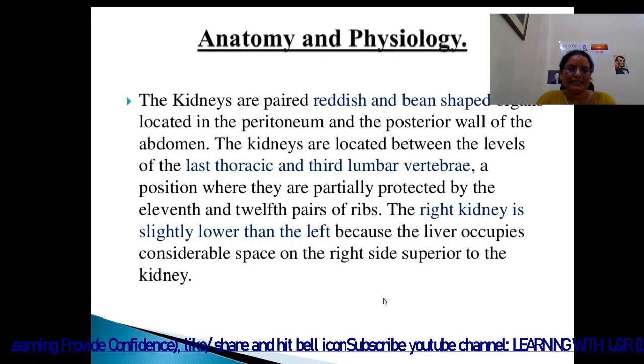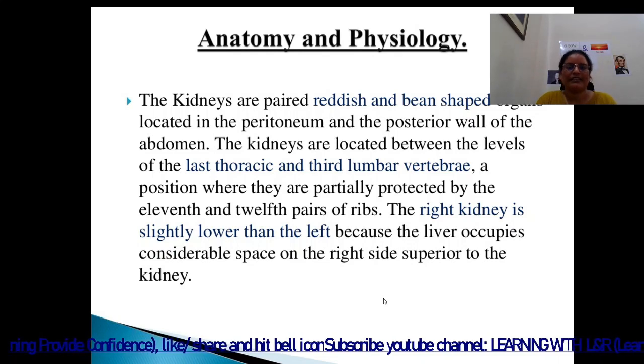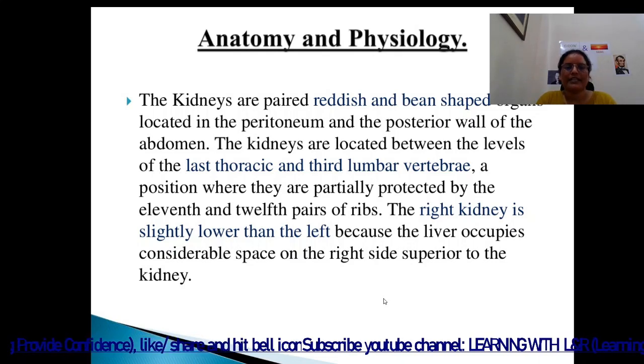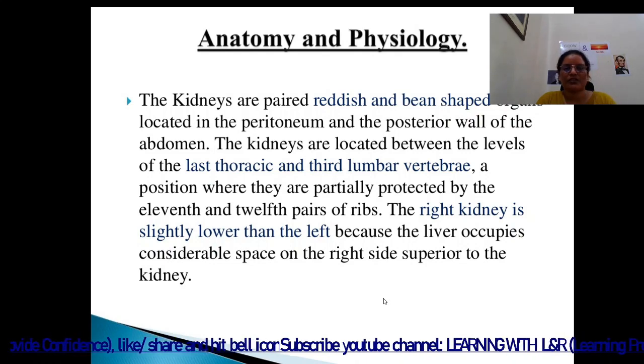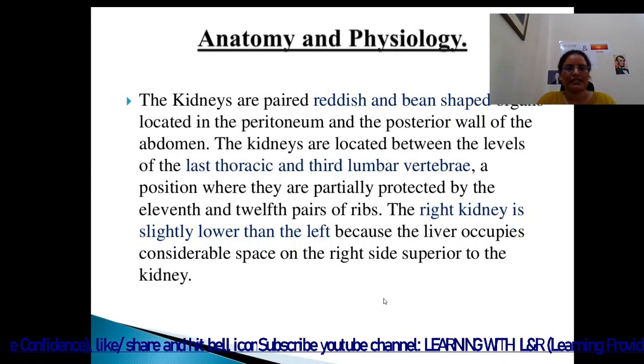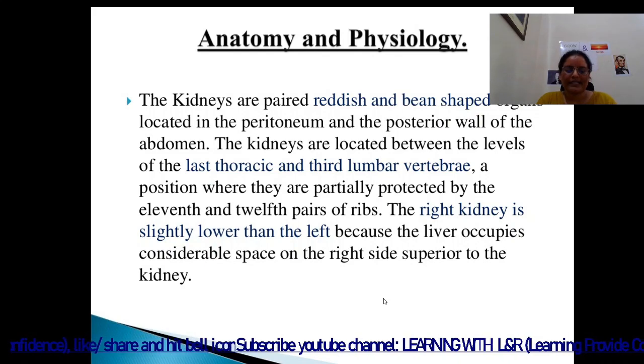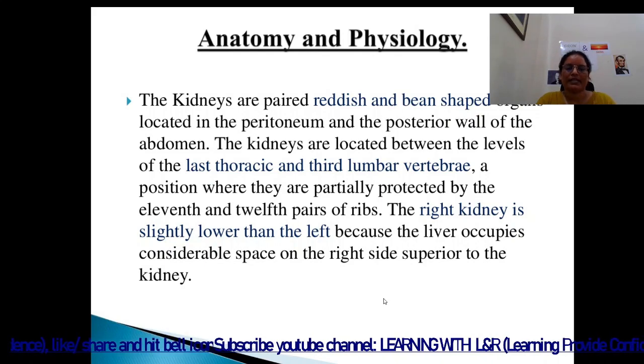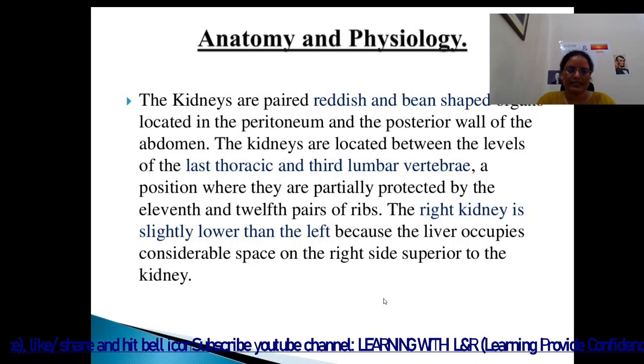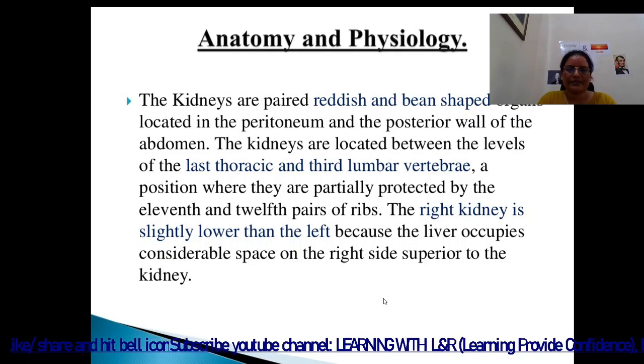The right kidney is slightly lower than the left because the liver occupies considerable space on the right side, superior to the kidney. That's why the right kidney is slightly lower than the left.